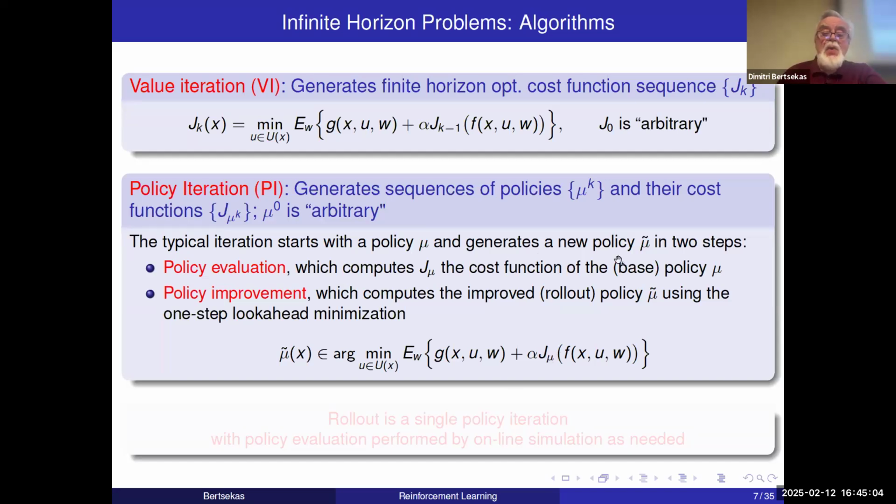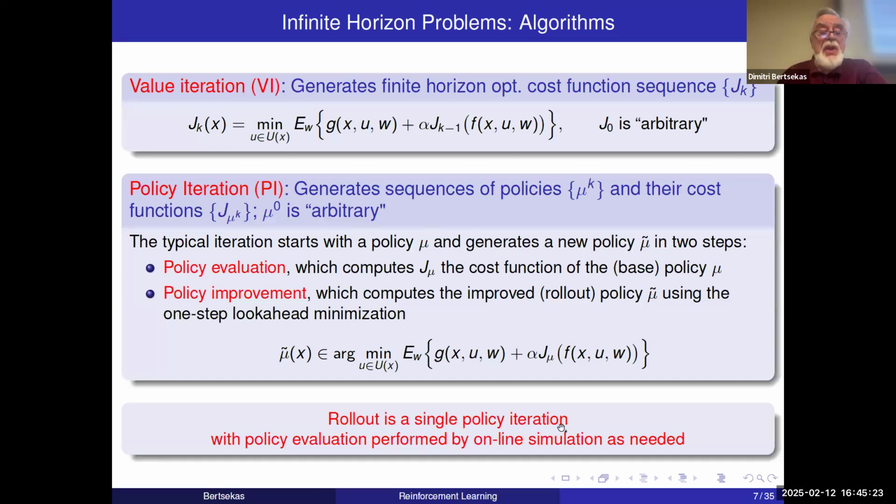Mu is generally called the base policy, okay? It will resonate with the terminology that we're using in rollout. Mu tilde is called the rollout policy. And indeed, we have noted that rollout is a single policy iteration, starting from the base policy. And if you were to do continuous rollout, a perpetual rollout, you would get the policy iteration algorithm.